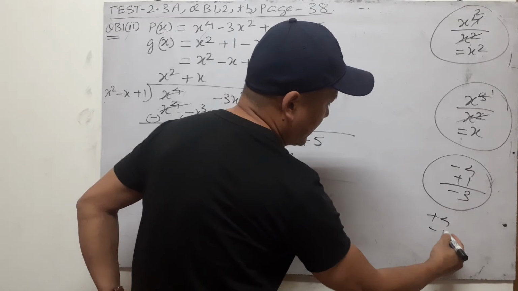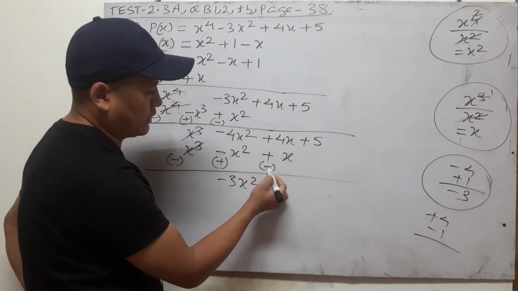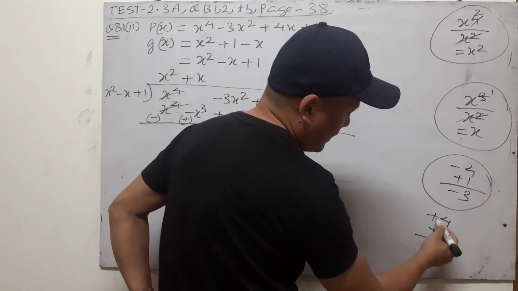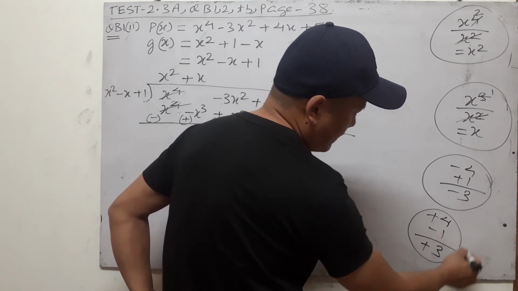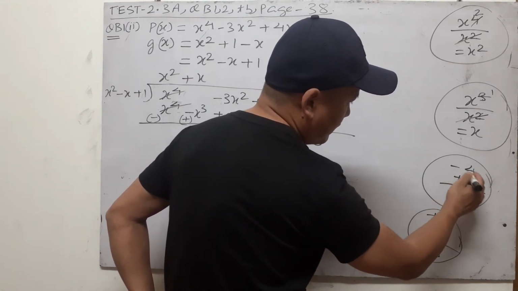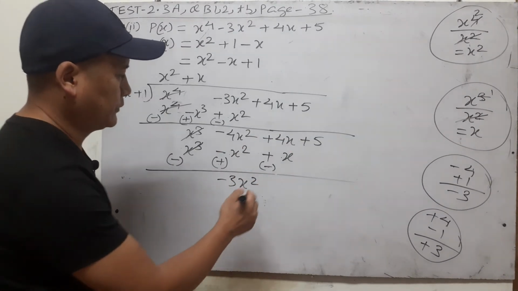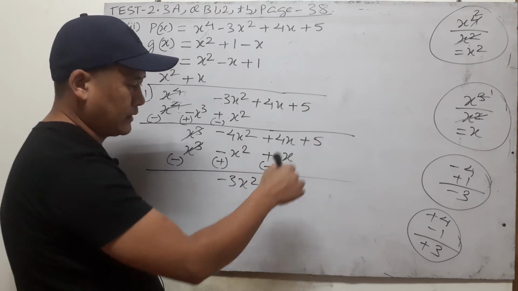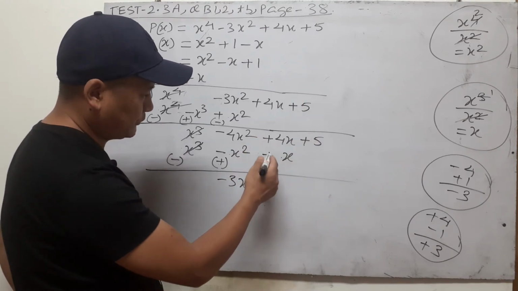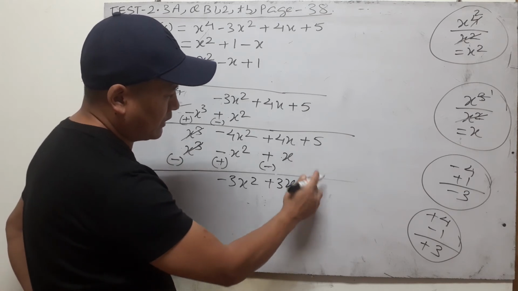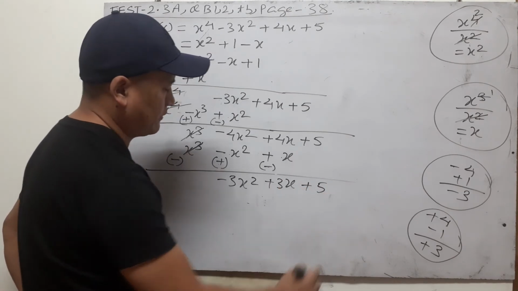Plus minus also means subtract, so 4 minus 1 is 3, and the bigger one, 4, is plus, so here plus 3x. Get these things very clearly, because they are important. Nothing in the lower term, so just write 5.